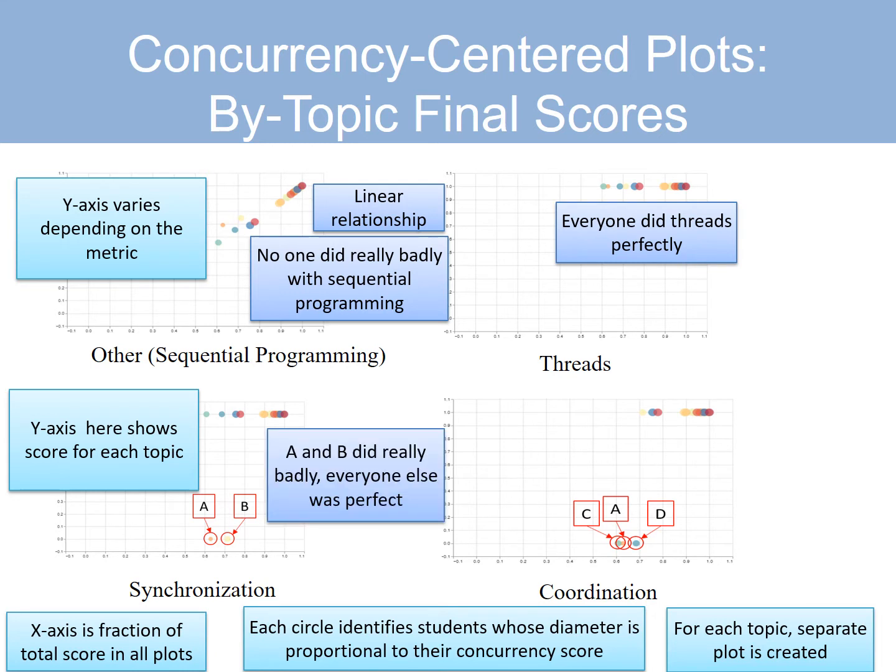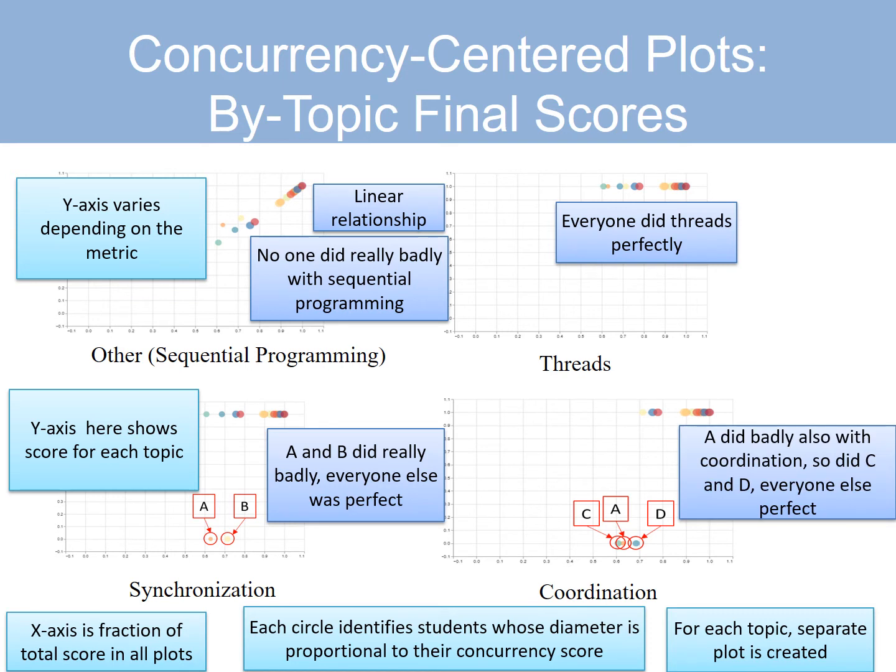And almost everyone did synchronization and coordination also perfectly, except that A and B did really badly with synchronization, and A, C, and D did really badly with coordination. So we see here, based on the small sample size, that synchronization and coordination in our assignment makes the spread more extreme.